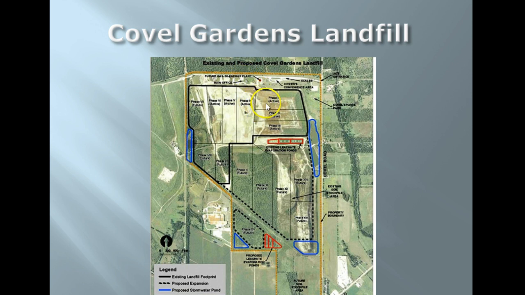We saw one cell being actively loaded up, and then we got to see a new future cell that was being dug out and starting to be lined with the plastic liner and clay. Here is where that leachate I was telling you about goes, to this giant cement pond, and the water evaporates, and then the sludge that's left over is pumped out and sent elsewhere.